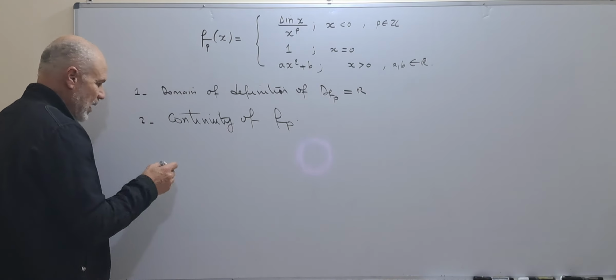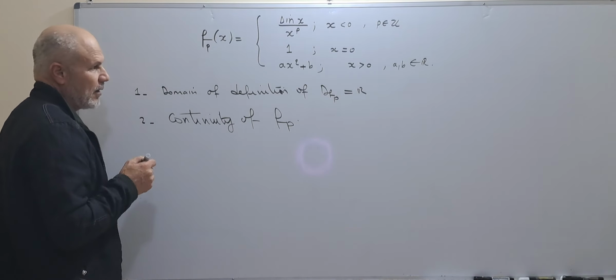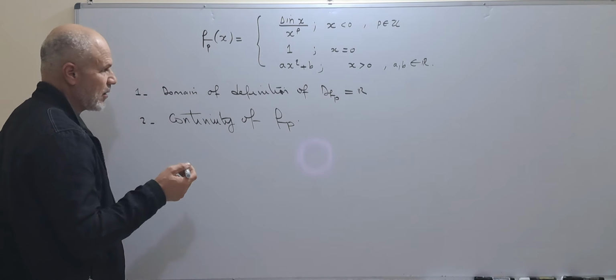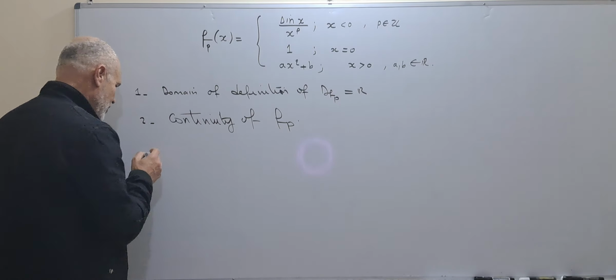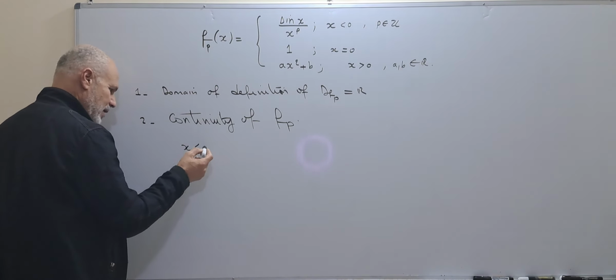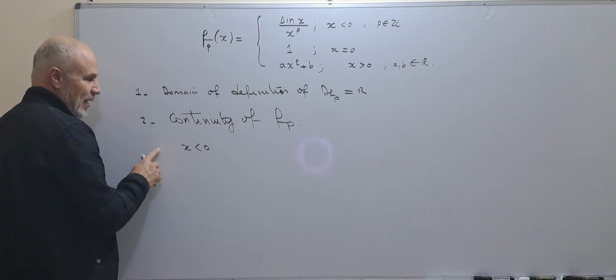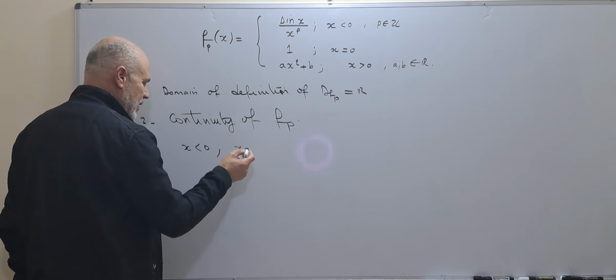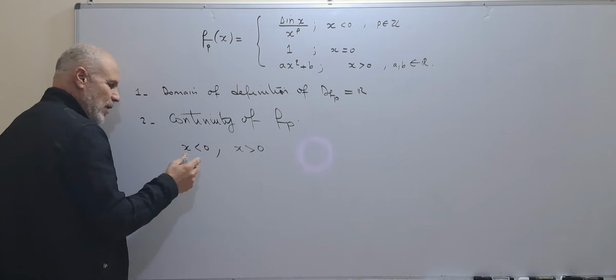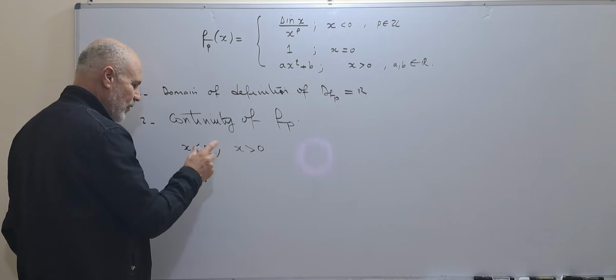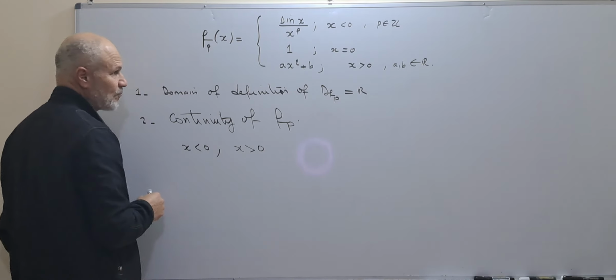Here we have two kinds of sub-intervals, or subdomains, of R. We can distinguish the first domain, when x is less than 0. This domain is of the same nature as when x is greater than 0. Why? Because both of them are intervals.